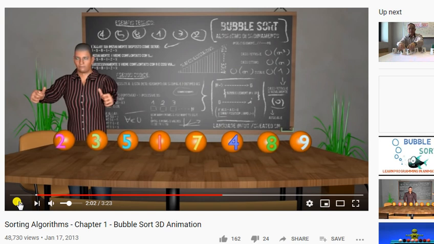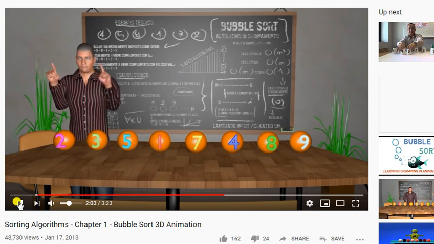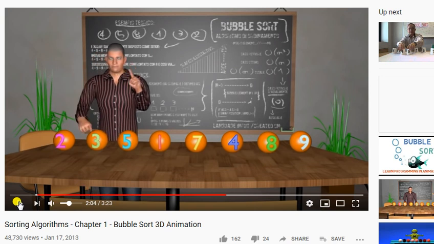So again the third iteration is going to be done. Here 3 and 5 they are sorted, so there is no swapping being done.